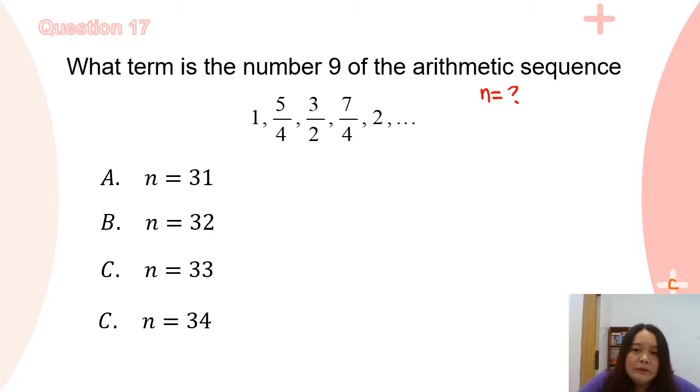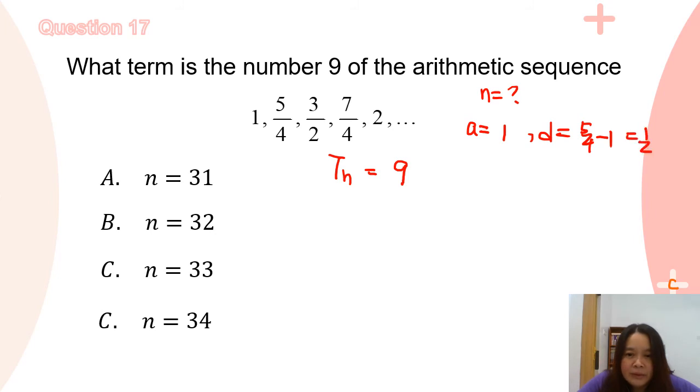First of all, if you want to find the formula, Tn equal to 9, you may get your first term as 1. Since it is arithmetic, your D should be 5 over 4 minus 1. So you get 1 over 4 here. So you will have the formula a plus n minus 1 times d equal to 9. a is 1.